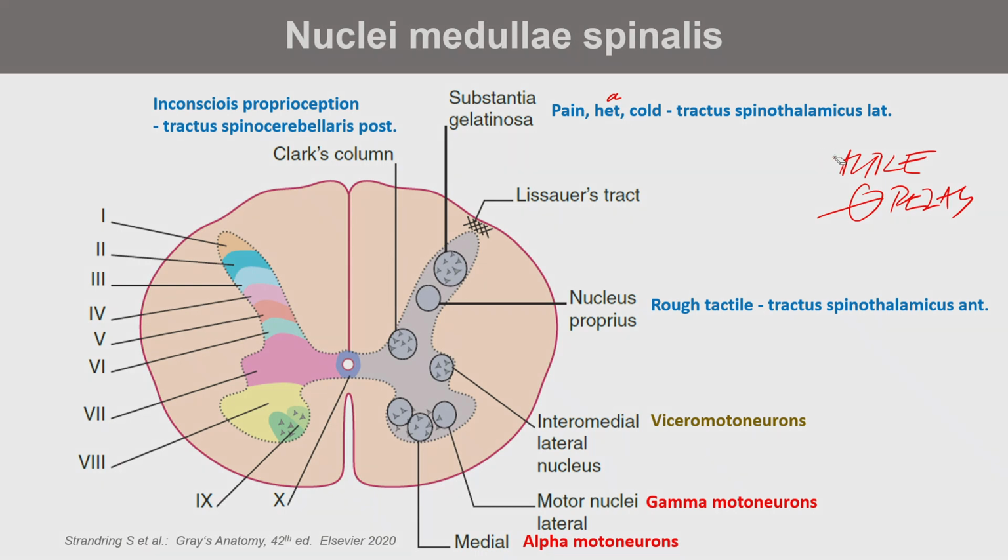The others have relay here inside. So in substantia gelatinosa, which is the most dorsal, this is a nucleus which is relaying pain, heat and cold. And then it is going to the tractus spinothalamicus lateralis, lateral spinothalamic tract. So this is what? This is nociception.